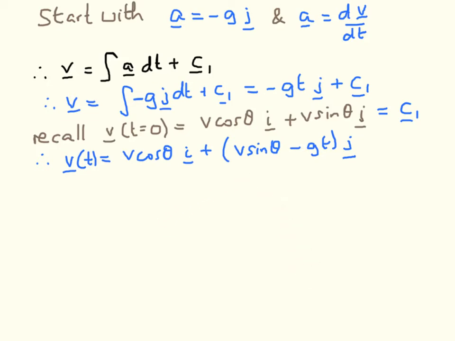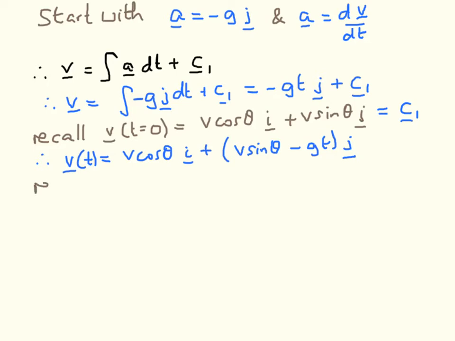Our next question is to work out the trajectory, the position vector, as a function of time, and in the same way that we obtained v by integrating a with respect to time, we can obtain r by integrating v with respect to time. So let's just summarize that.